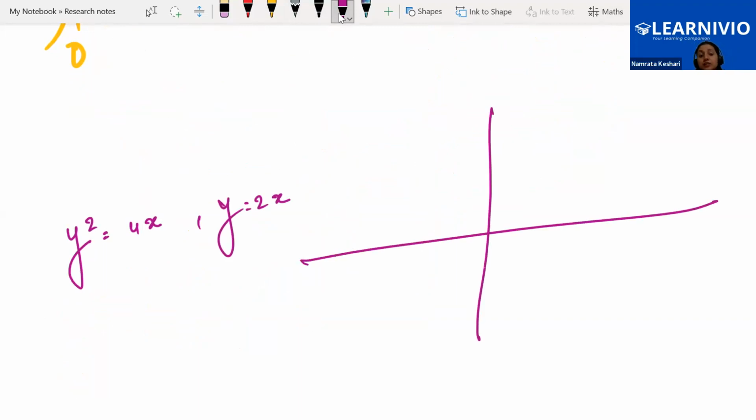y square is equal to 4x. Which type of shape will we get out of this y square is equal to 4x? Parabola. Parabola, upward facing?